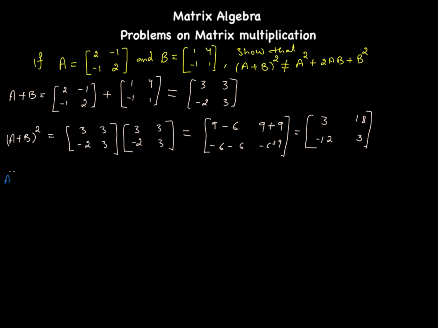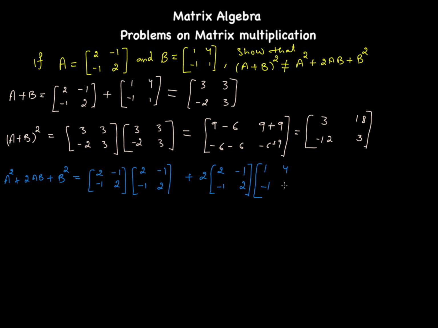We are going to find A squared plus 2AB plus B squared. So A multiplied by itself, I'm going to write [2, -1; -1, 2] and multiply it with itself, [2, -1; -1, 2]. Plus 2 times A into B, which is [2, -1; -1, 2] times B, which is [1, 4; -1, 1].